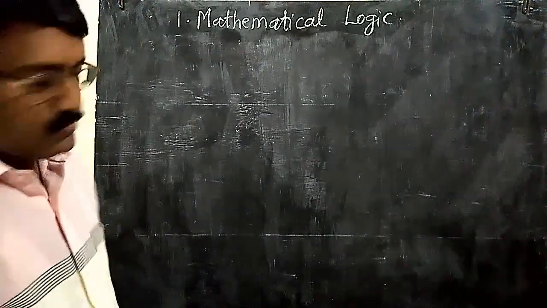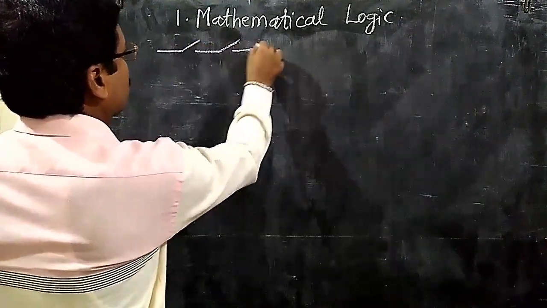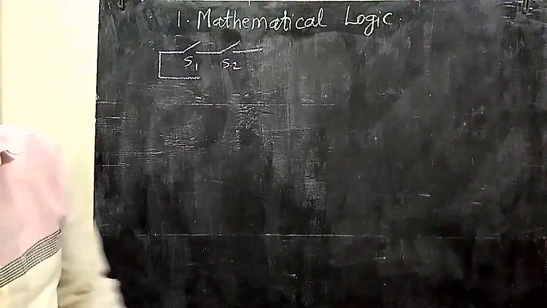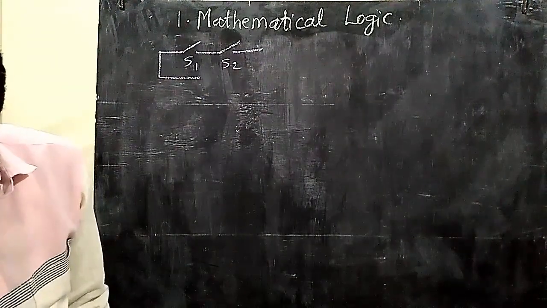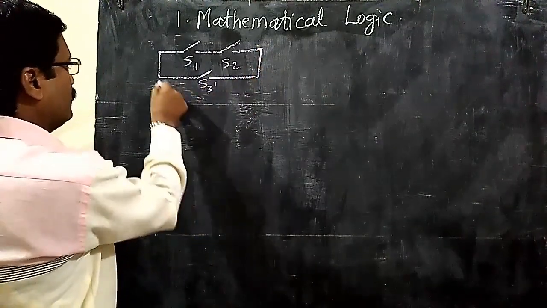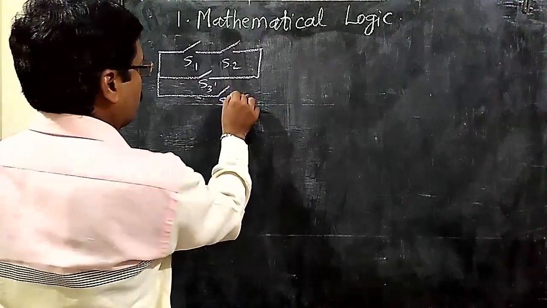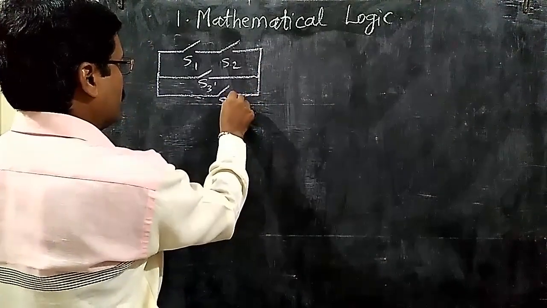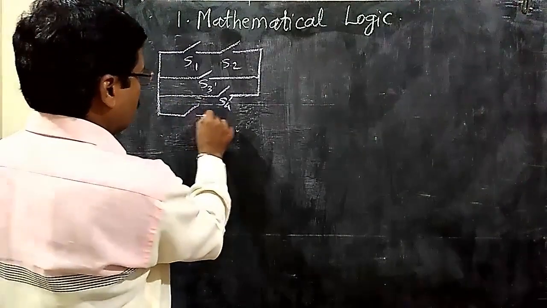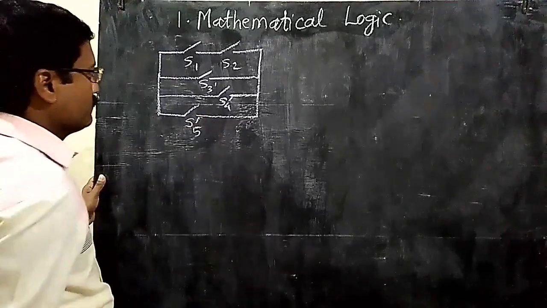That is S1, S2. The next switch is S3 dash. Next switch is S4 dash. And one more switch in parallel combination is there, that is S5 dash.